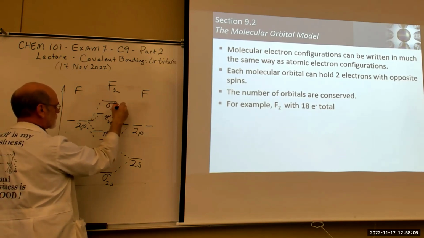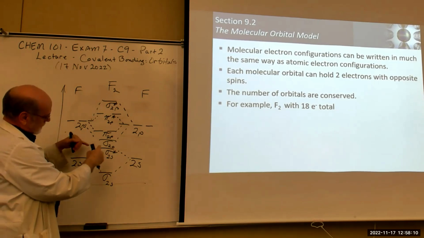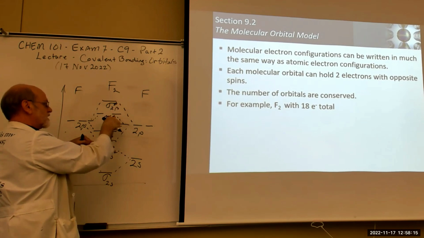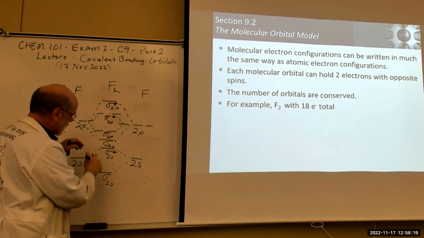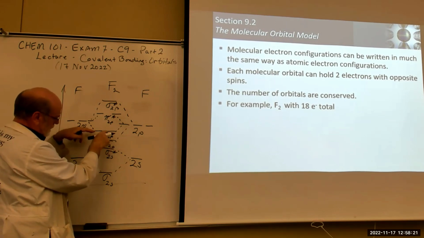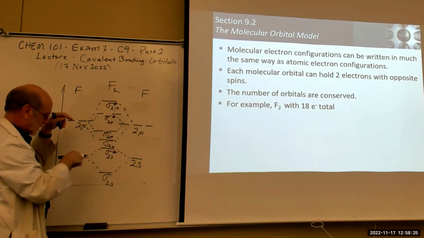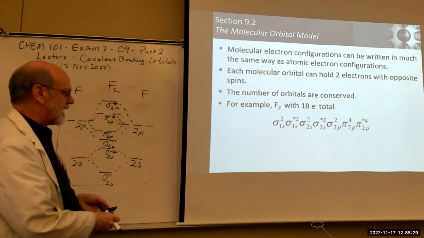It gets kind of busy in here, but you've got a sigma, and a sigma star is actually higher energy than a pi star. So you get the sigma and the pi, and then you get the pi star and the sigma star. And it should follow that pattern.